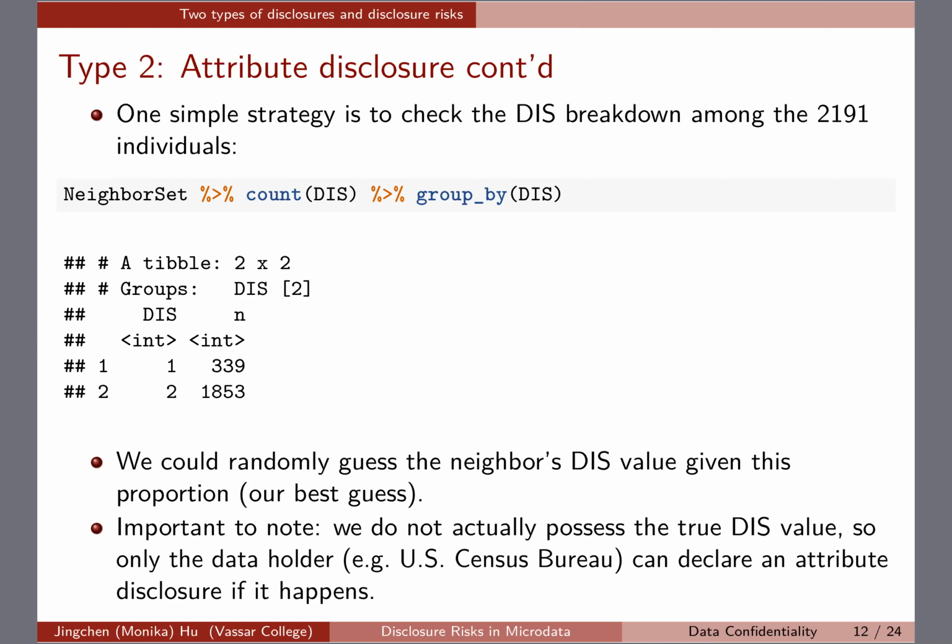So one thing we can think of is making sure we have enough risk protection, meaning that everybody's disclosure risk level is low at some threshold. Only at that point are we able to release the data.